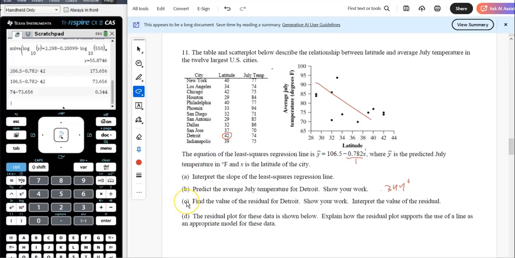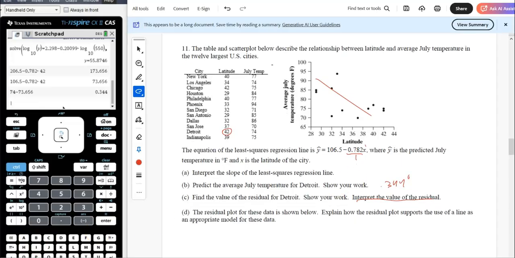Interpret the value of the residual. So it's positive, which means we under predicted.